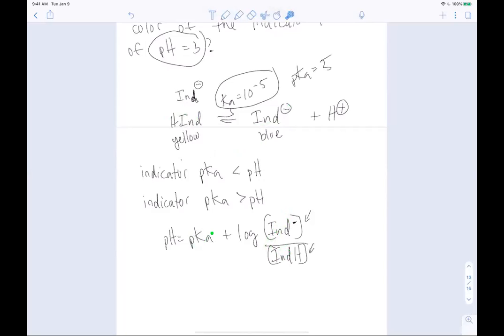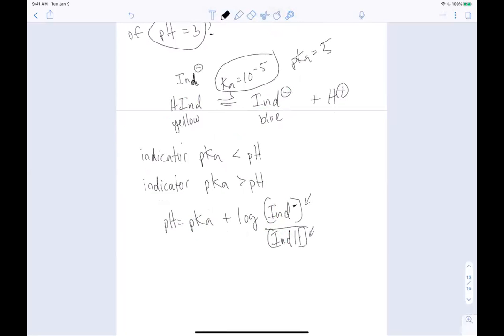So when the pH equals the pKa, that's probably the right way to start.